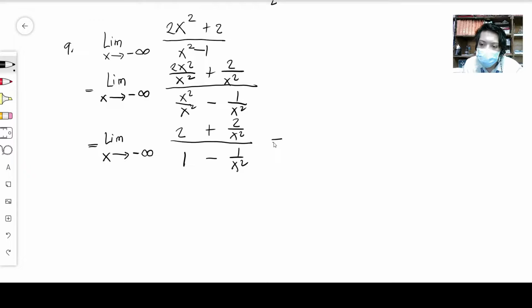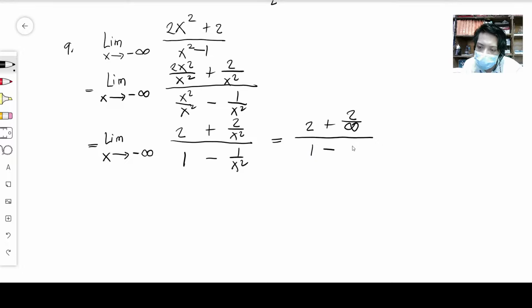So when you substitute this one, this is equal to 2 plus 2 over negative infinity squared. So negative infinity times negative infinity is a very large number, but since negative times negative is positive, it becomes positive infinity. All over 1 minus 1 over infinity squared.